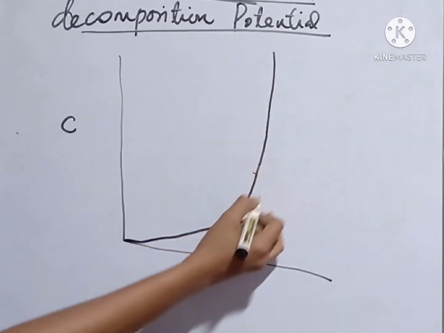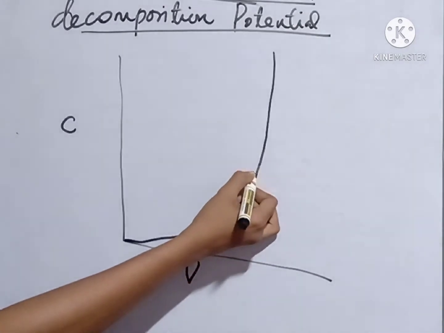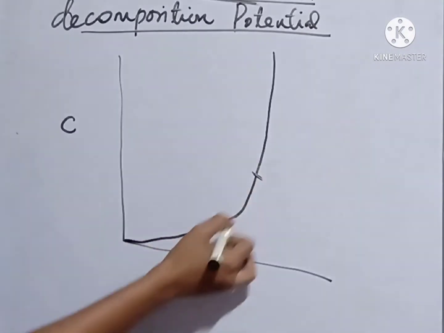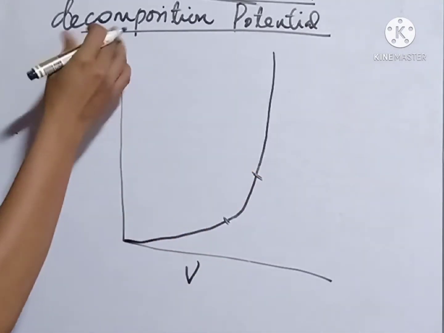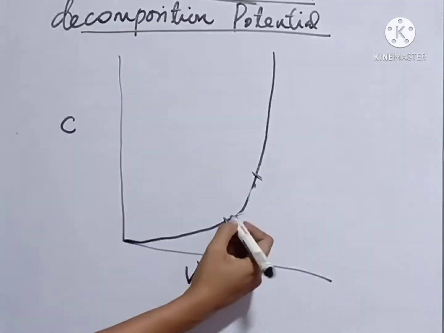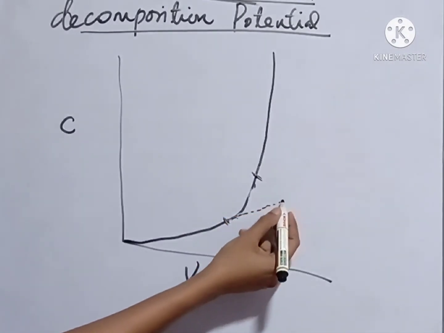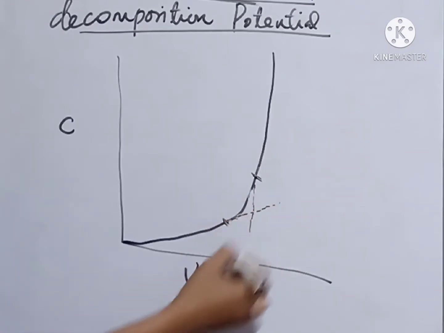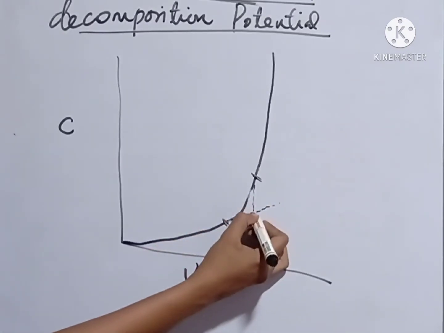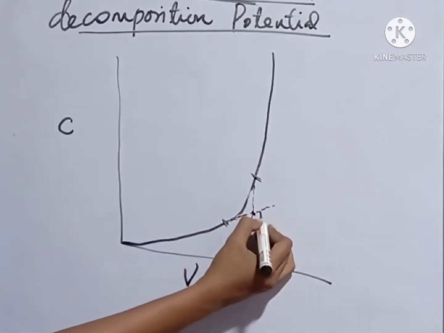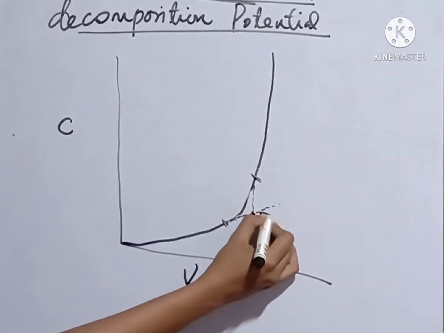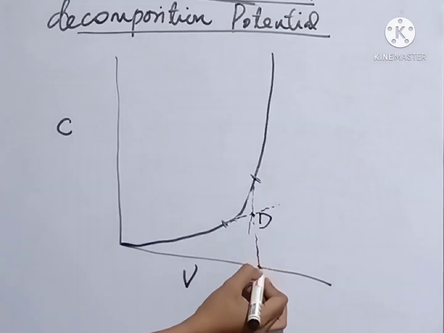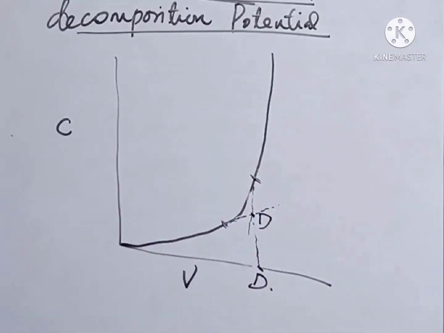From the steep curve, or from the sudden increase, we can determine the decomposition potential. By plotting two lines like this, we'll get an intersecting point here, and this intersecting point determines the decomposition potential. So this is decomposition potential.